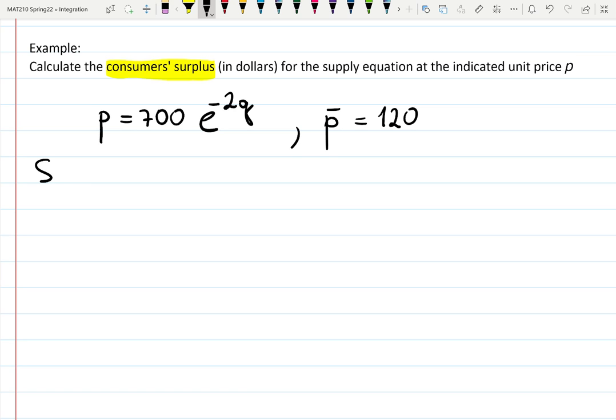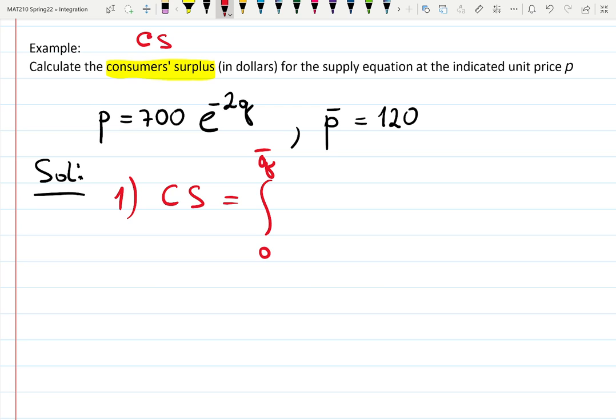Let's do it. Solution. Step 1. First figure out what you're asked to find: CS. Write down the formula before you forget. Consumer surplus and producer surplus are both integrals from 0 to q bar, but one starts with the function minus p and the other starts with p minus the function.